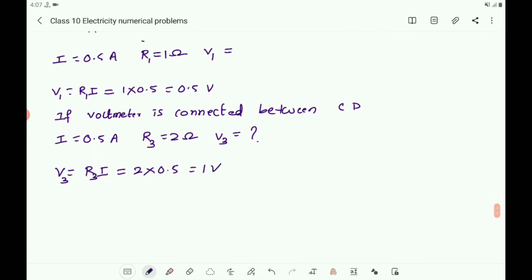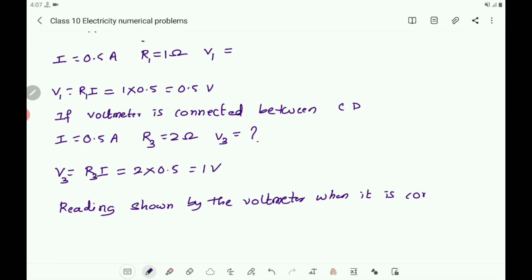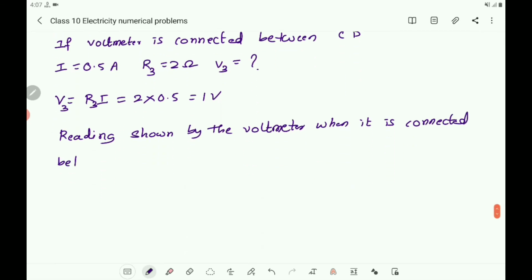So you take, the voltmeter shows reading shown by the voltmeter when it is connected between C and D is 1 volt.